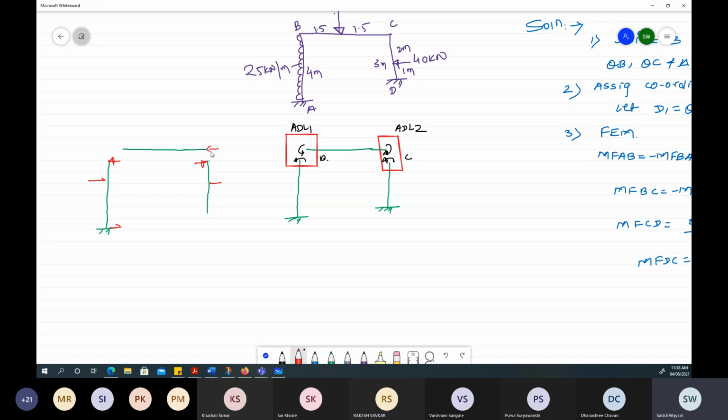This is the reaction, and this will be transferred to this. And this is nothing but our ADL3. So the difference of these two forces we have to calculate. Likewise this. So we'll work out one by one.